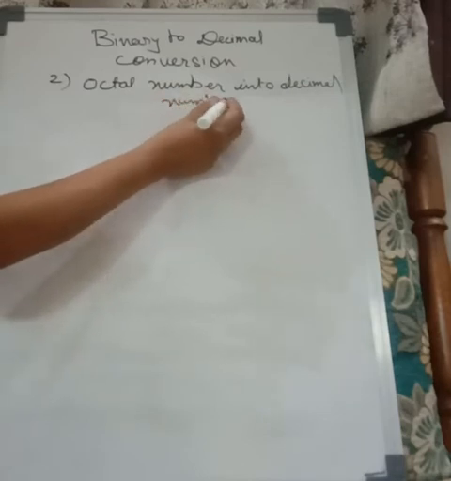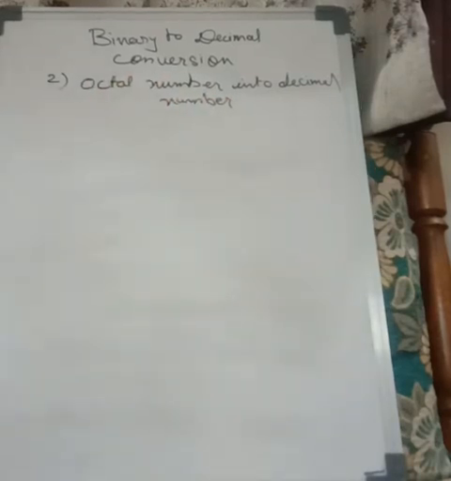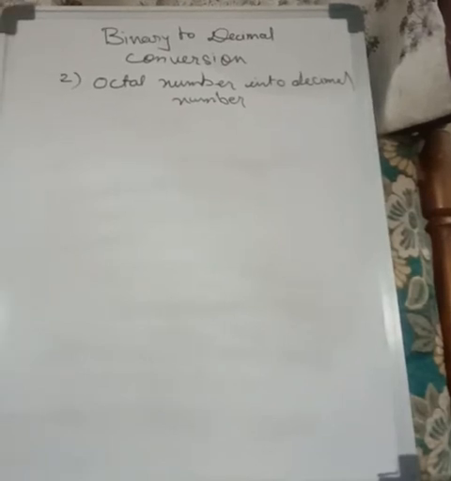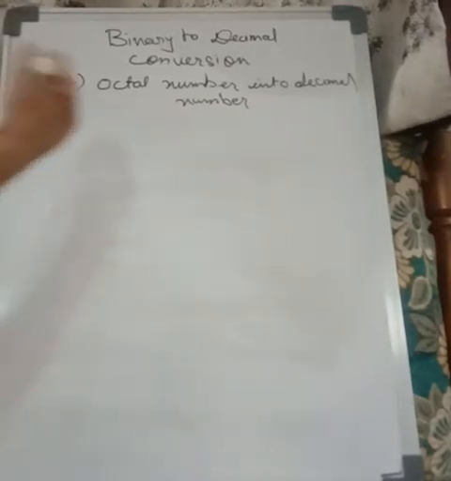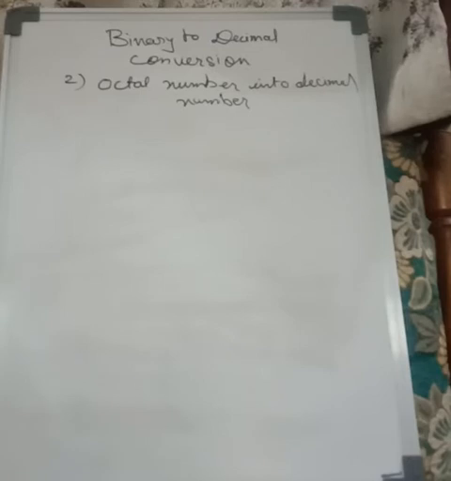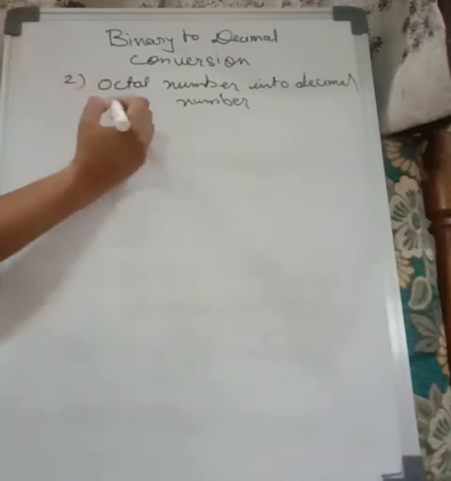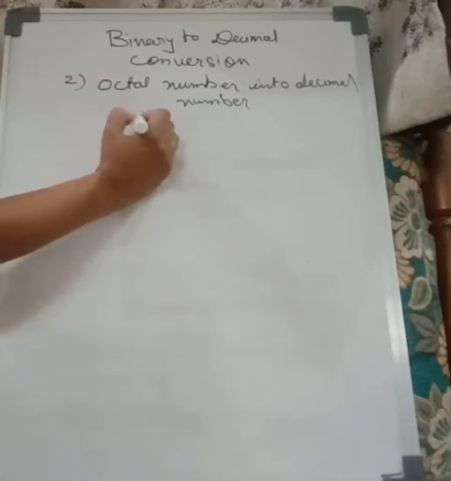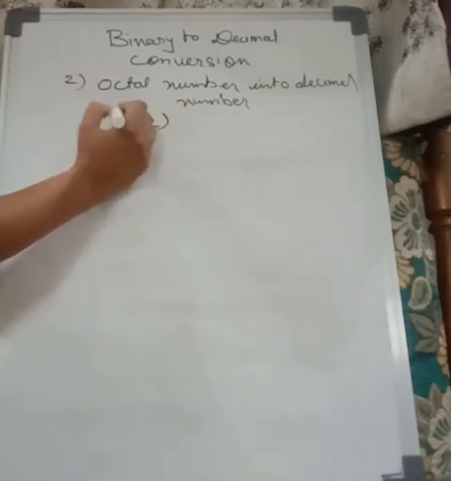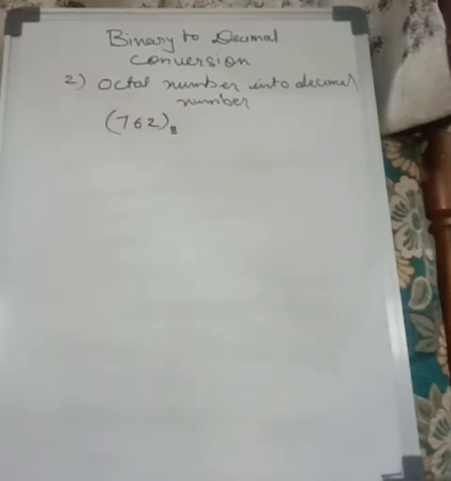We have seen in our earlier video that an octal number consists of 0 to 7, that is 8 symbols. So we can write this as 762. Suppose this is the number in an octal system. How to write this number in the decimal number system, that we are going to study.